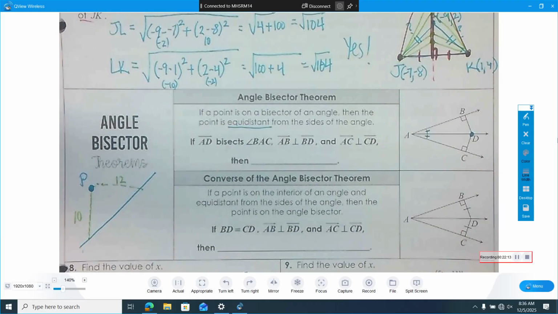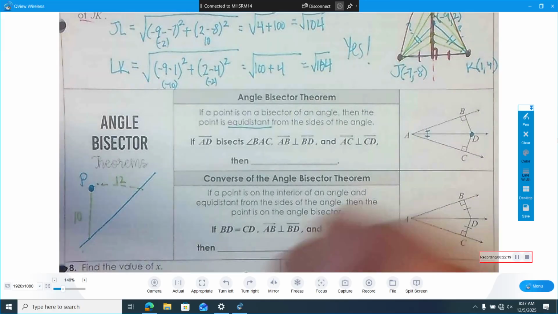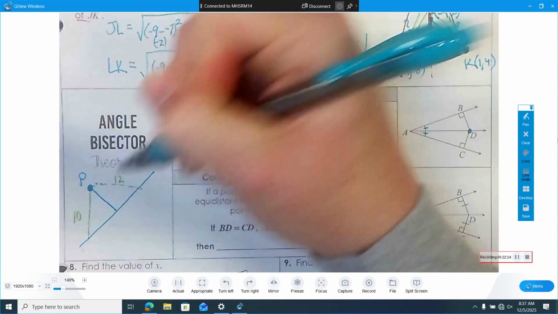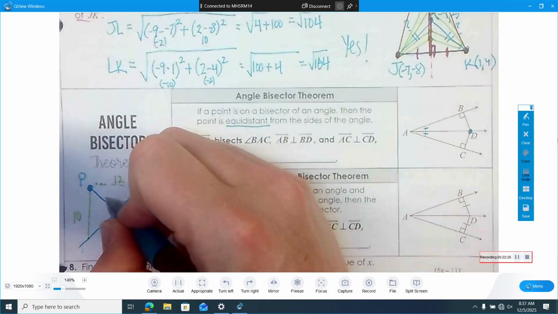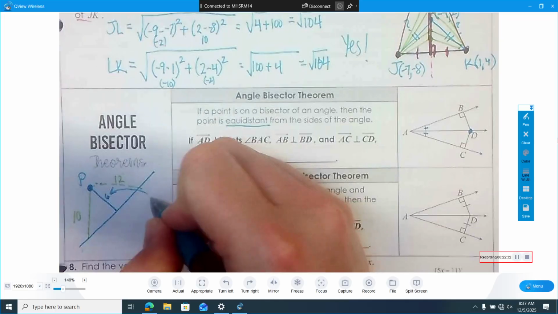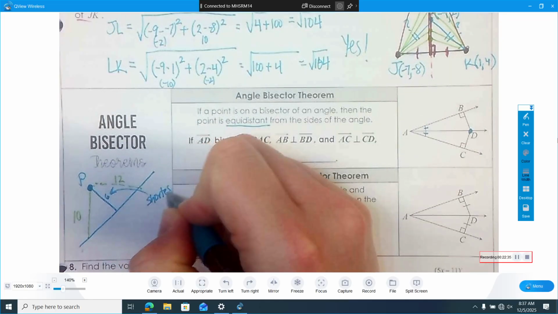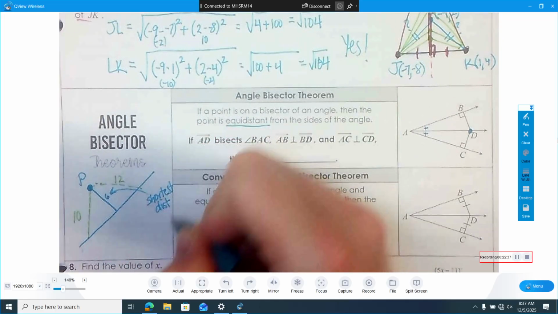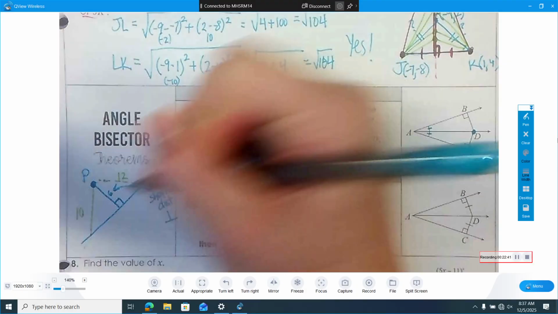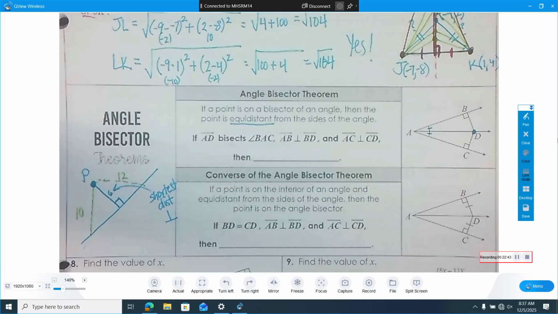Well, it turns out that the shortest distance to a wall is the right answer. The shortest distance to the wall, maybe this is a 6, I don't know, okay, let's say that's the 6, all right? It turns out that the shortest distance is always perpendicular to the wall, okay?